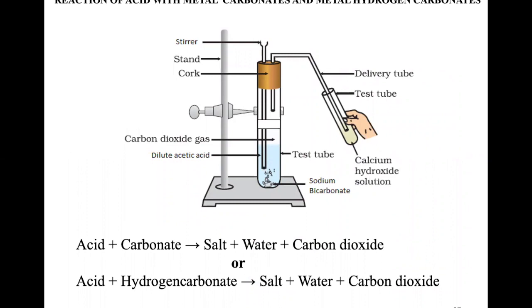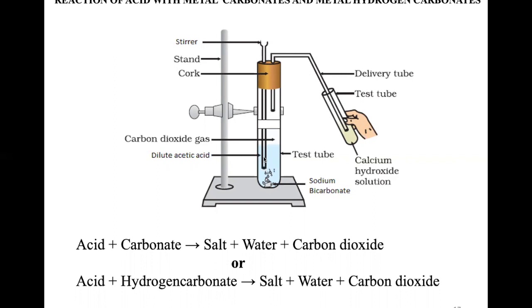Now another reaction is that of acid with metal carbonates and metal hydrogen carbonates. When acids react with carbonates, they will give rise to salt, water and carbon dioxide. And if it reacts with hydrogen carbonate, it will also give rise to salt, water and carbon dioxide. For that, there is an experiment also. You have to take sodium bicarbonate and put acetic acid. What is acetic acid?